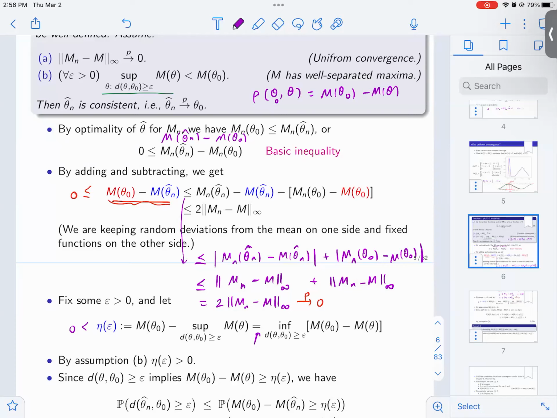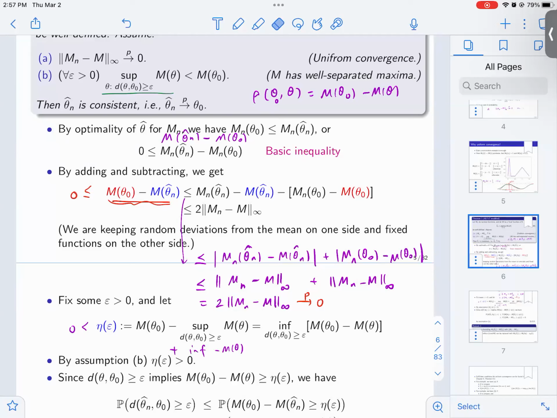When you move the negative sign past the supremum, you flip it to infimum. So I move it inside, and if you want to do it in two steps, you get negative M theta, and then you move M theta naught inside as well. So this is saying that if you look at this deviation, the smallest it can get outside a ball of radius epsilon around theta naught is eta epsilon. That's what we define, and this is positive.